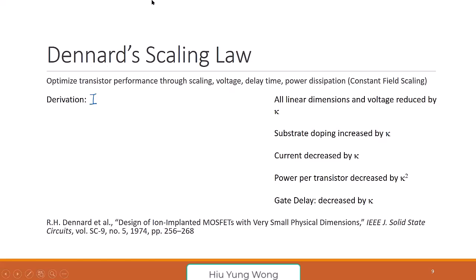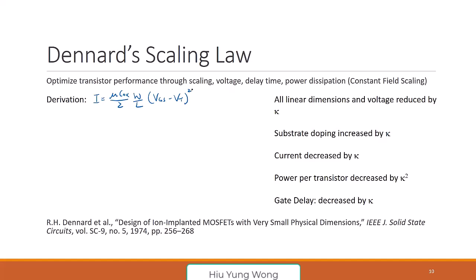It's half mu Cox, W over L, VGS minus VTH squared. Very, very good, right?